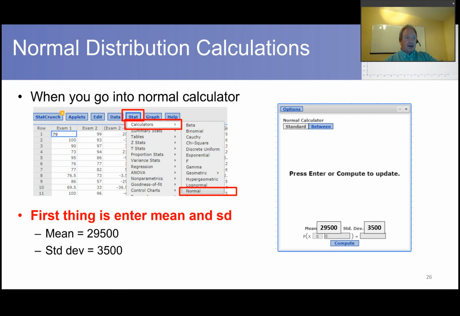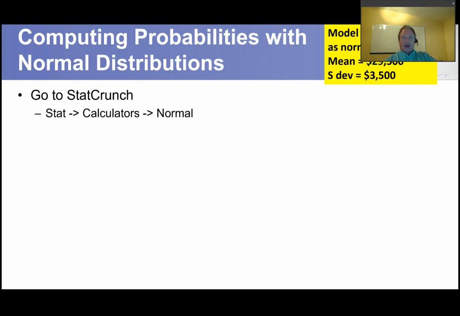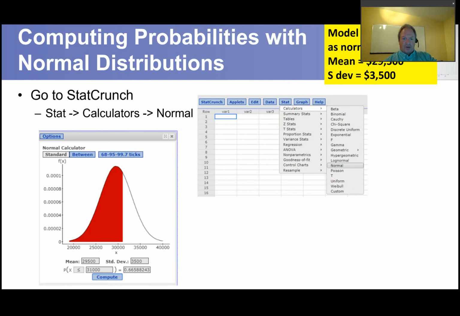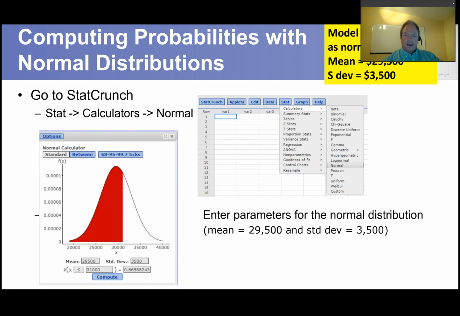And let's go ahead and answer our question, how likely is it that we could get a randomly chosen value less than 31,000? So I've entered everything I need. And what I'm going to do now is enter 31,000 right here.